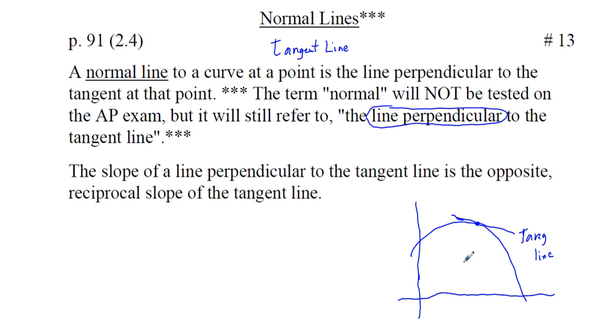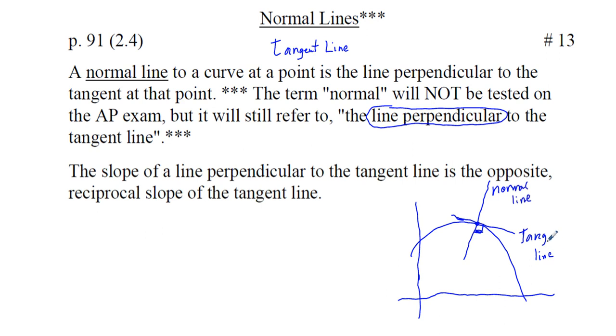A normal line is a line perpendicular to the tangent line that I'm drawing here. So, normal line. I'm just drawing a little right angle symbol between these two lines.